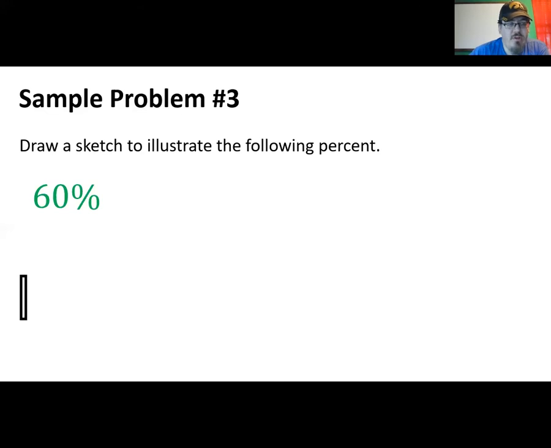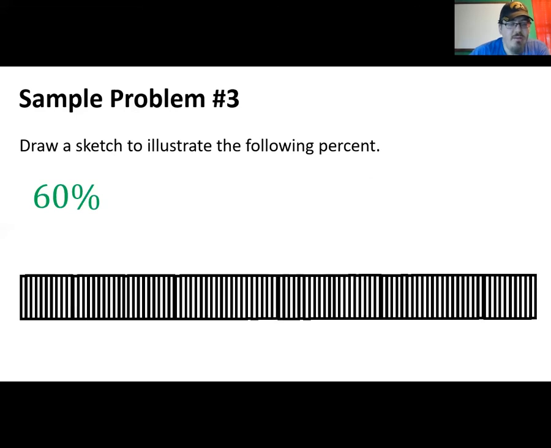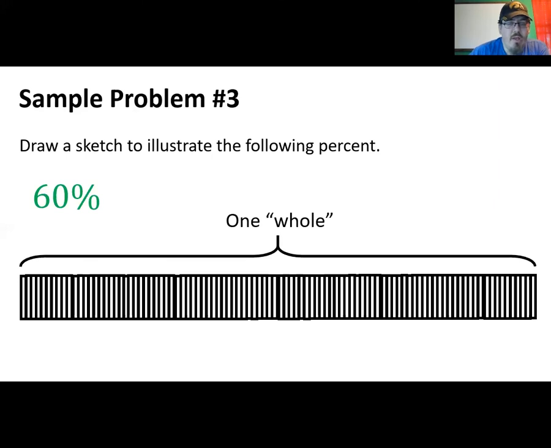If we start doing that, we're just going to have a bunch of tiny pieces. So there we go, it shows you the 100 pieces all together. What we need then is 60 of those. The one whole is represented by those 100 tiny slivers, and then there is our 60 pieces.